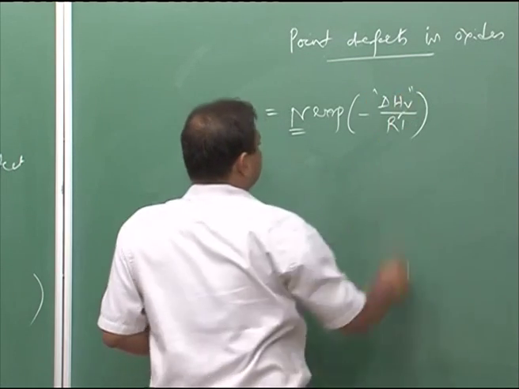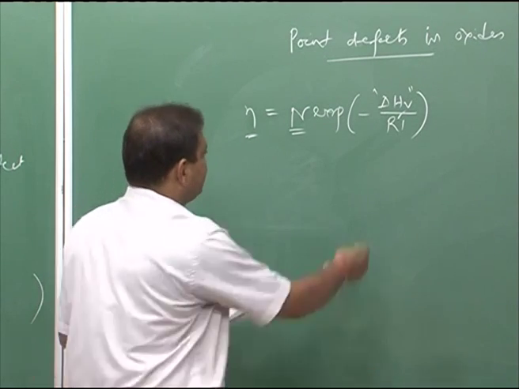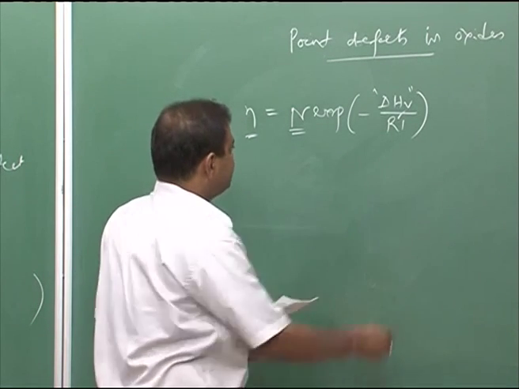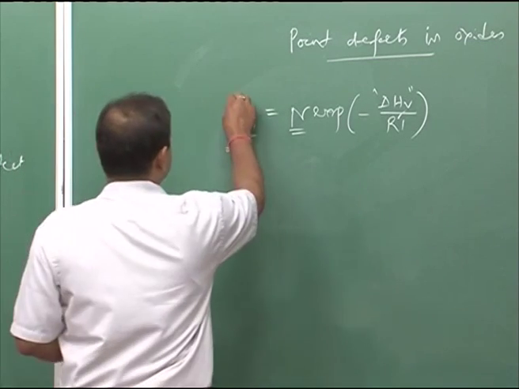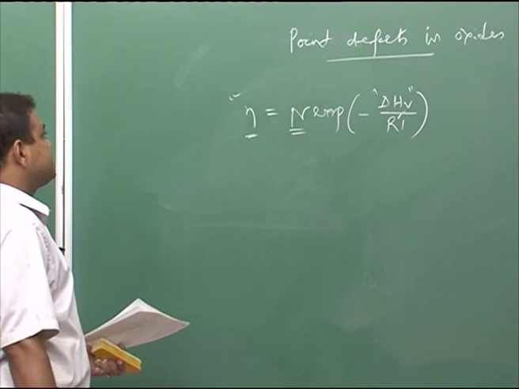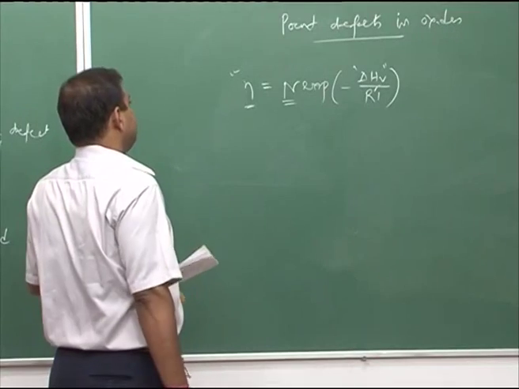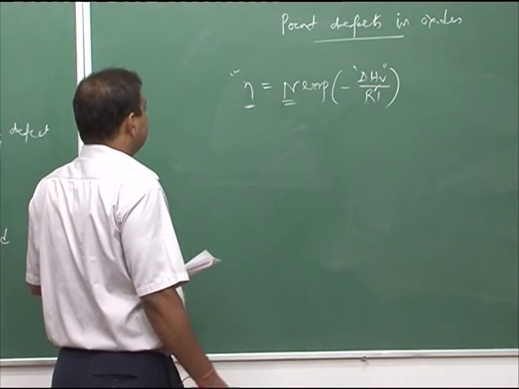This is the molar energy for formation of that point defect. R is the gas constant and T is the temperature in Kelvin. From this we can determine the fraction of point defects that exist in a particular solid. In oxides also this formula is valid.